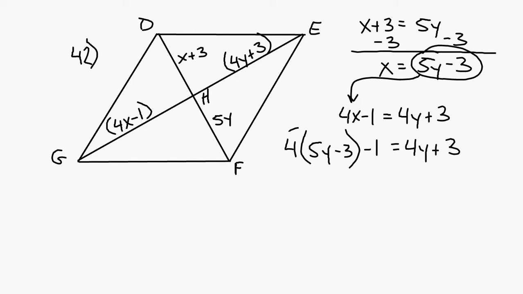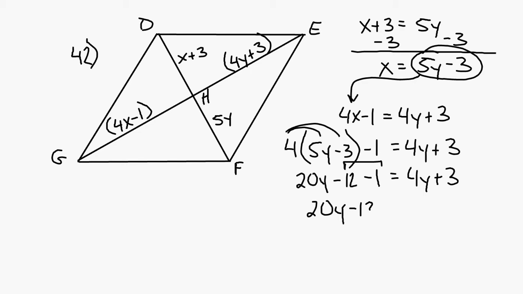You're going to do the distributive property. So 20y minus 12 minus 1 equals 4y plus 3. Next, you combine like terms. Combine this negative 12 and this negative 1. So 20y minus 13 equals 4y plus 3.